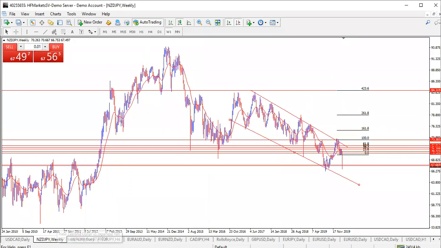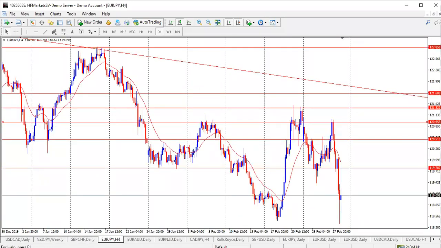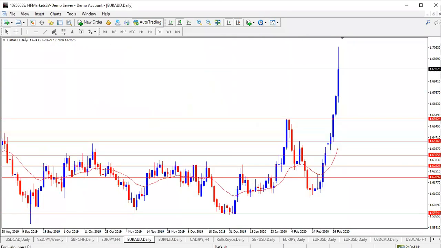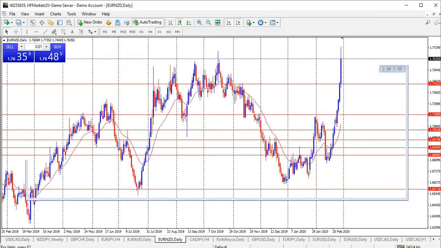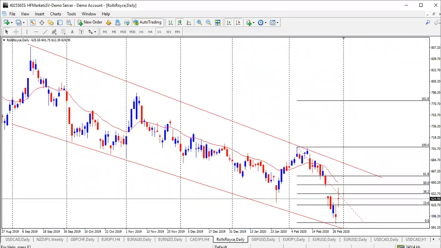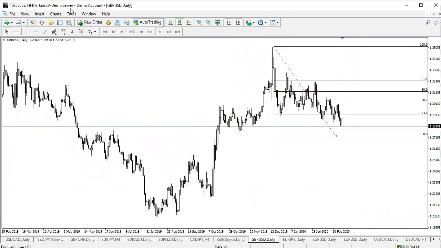So what we did tonight is to ride an early trend using fib levels to mark up a retracement level for it and to determine a perfect entry for it.